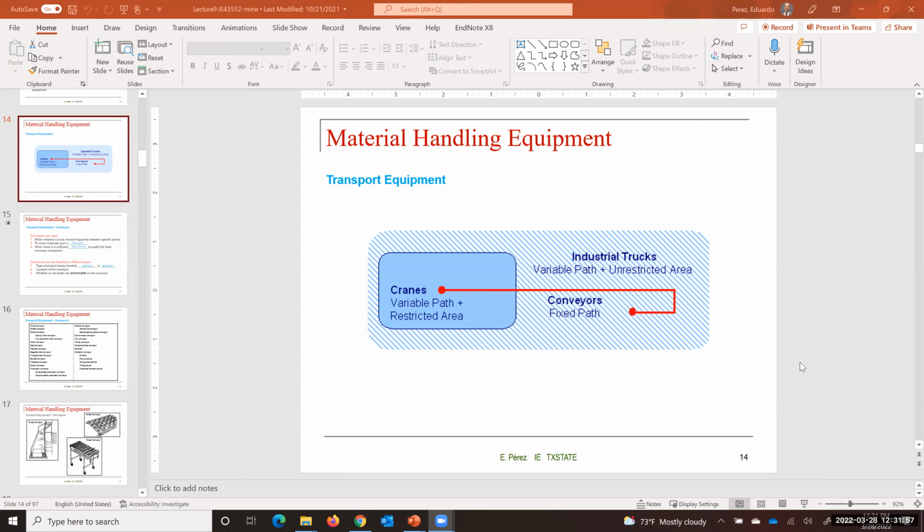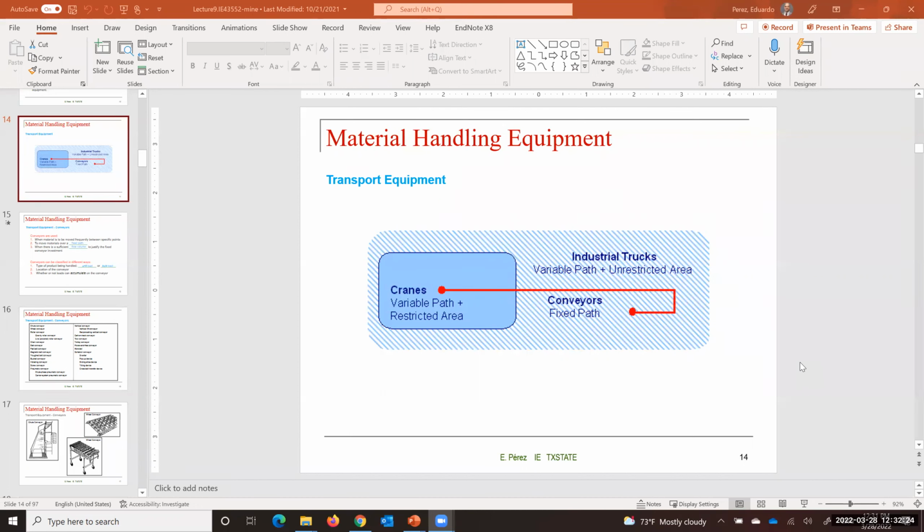We discussed the cranes, the industrial trucks, and the conveyors. As I mentioned on Wednesday, I use this picture just to illustrate the difference between those 3 categories. So cranes are used when you need a variable path. One of the disadvantages is that it has a limited or restricted area that it can cover.